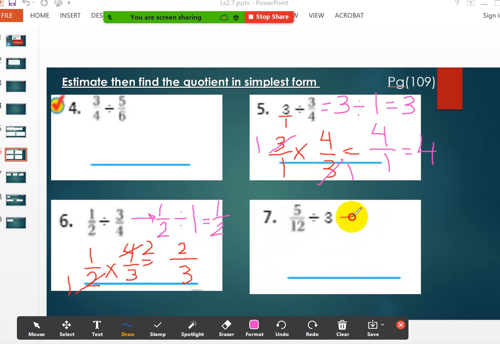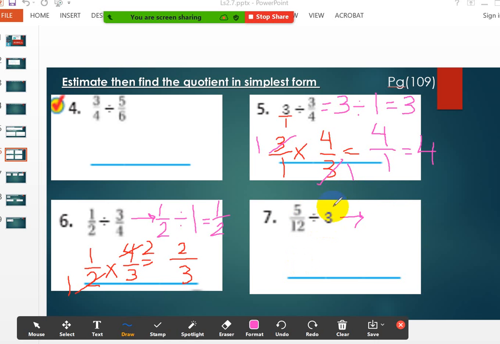So if I want to round the numbers here and use the compatible numbers strategy, 5 over 12 will be what? It will be 3 over 1.